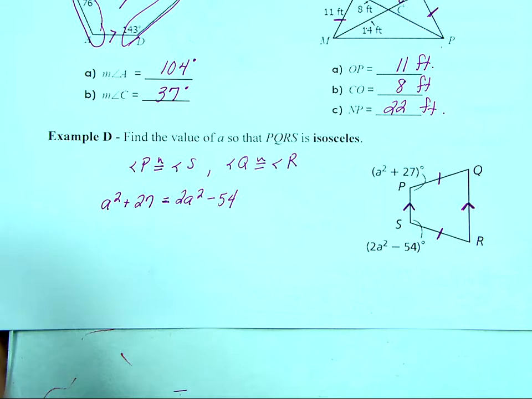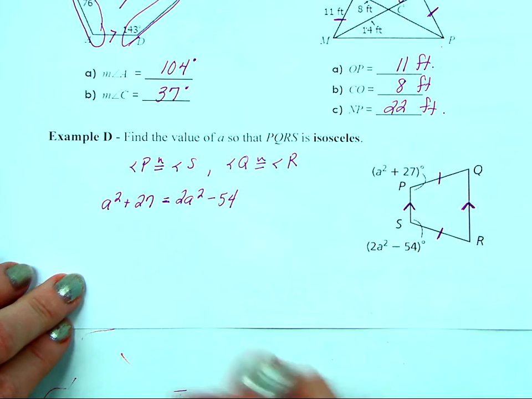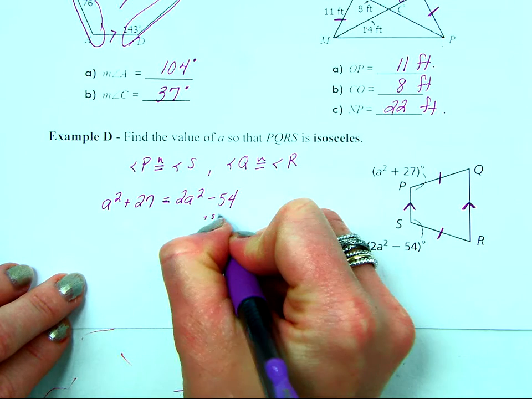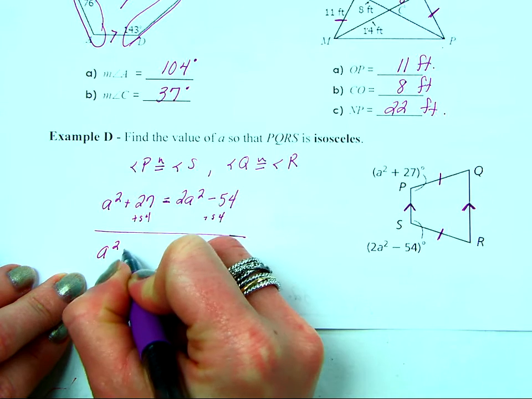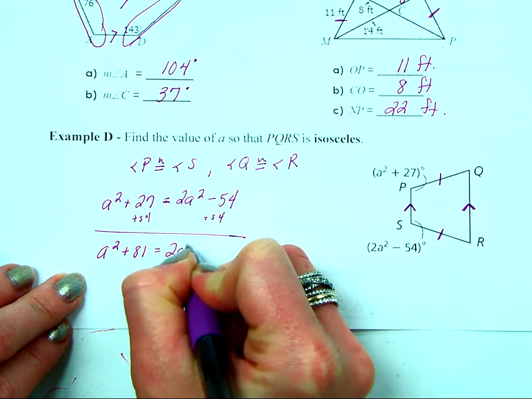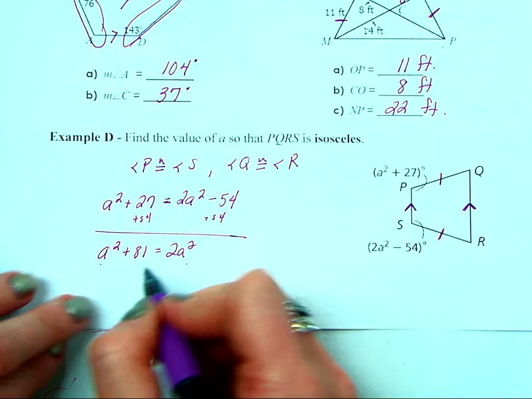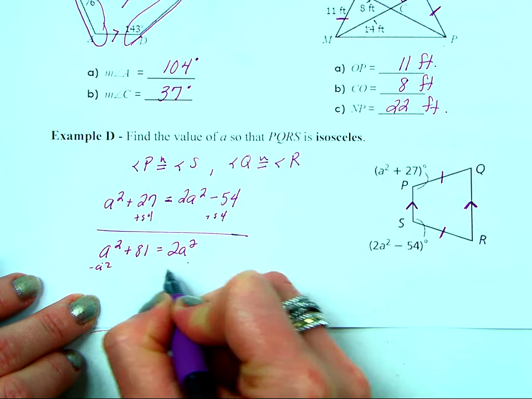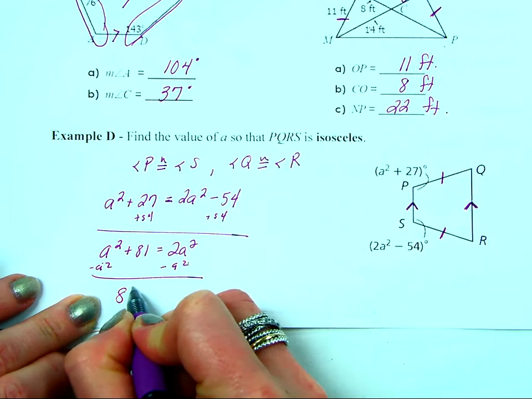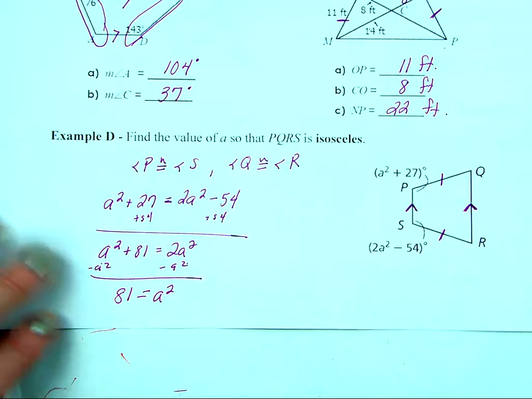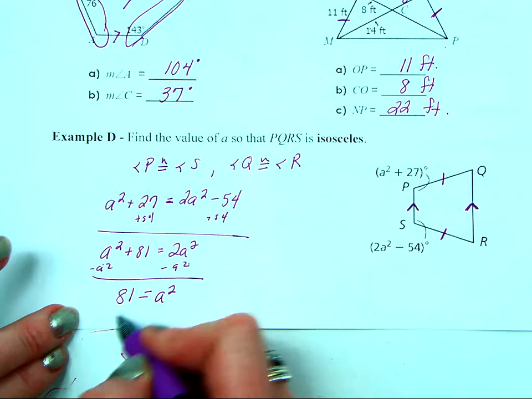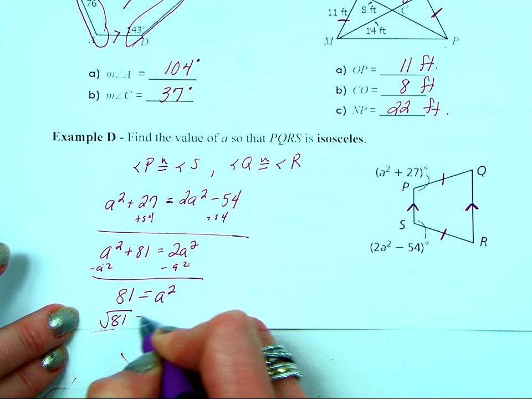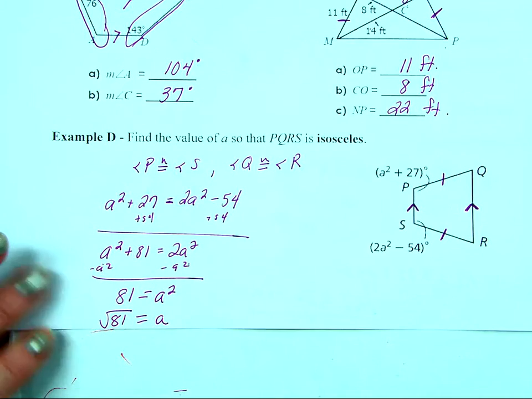And we are going to look to solve for our value for A. Now, if I add 54 to both sides, subtract A squared from both sides, we find out that 81 is equal to A squared. And so what would we find for our value for A? Well, we would take the square root of both sides and find out that A is the square root of 81.